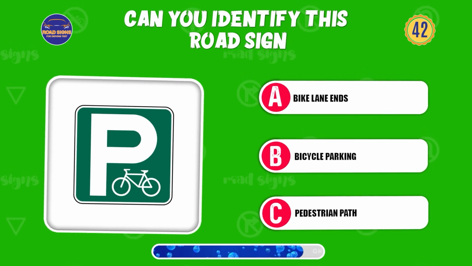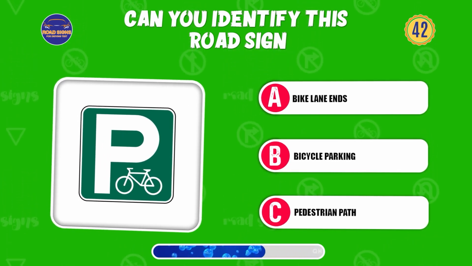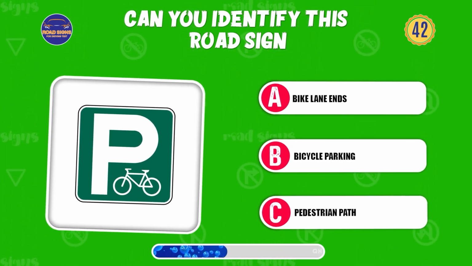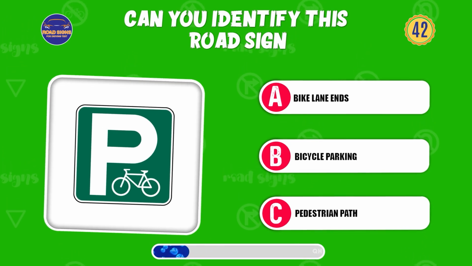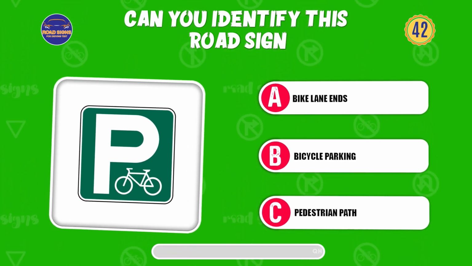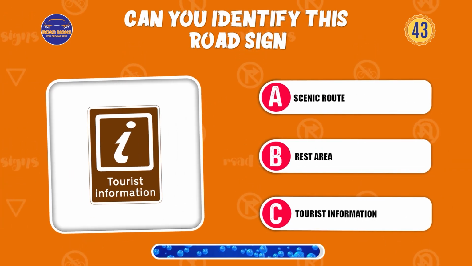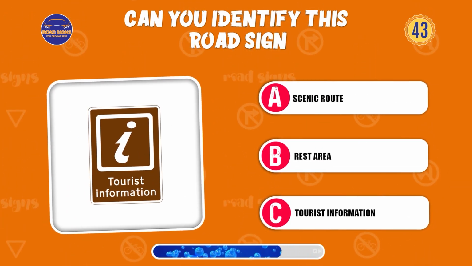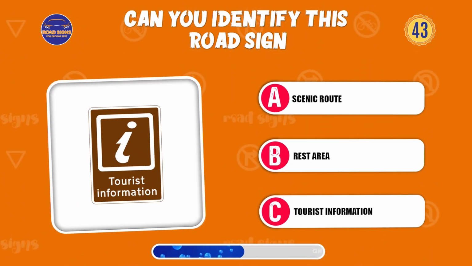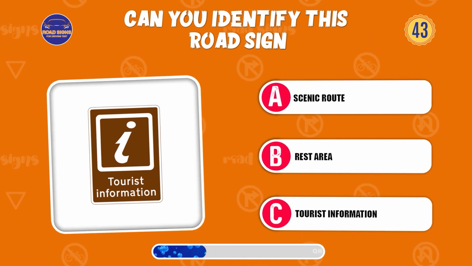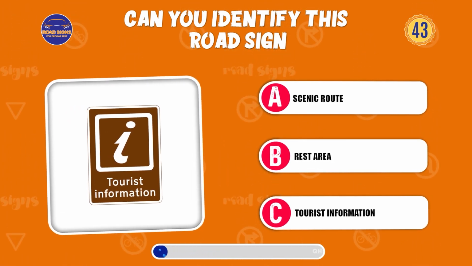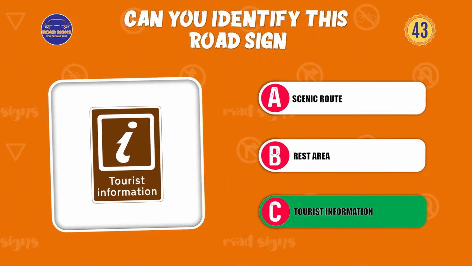What facility does this sign indicate? B. Bicycle parking. What information does this sign provide? C. Tourist information.